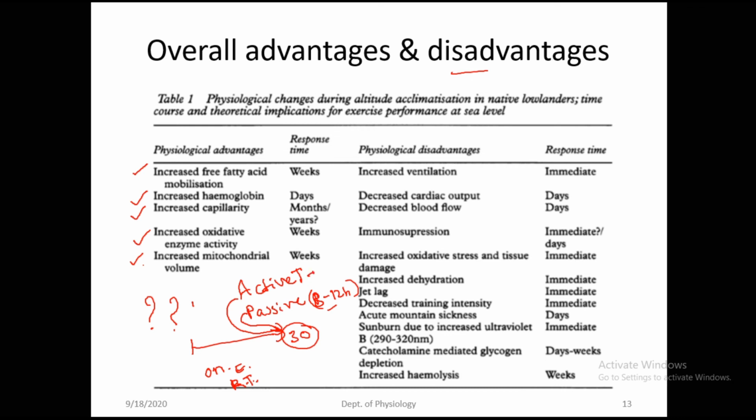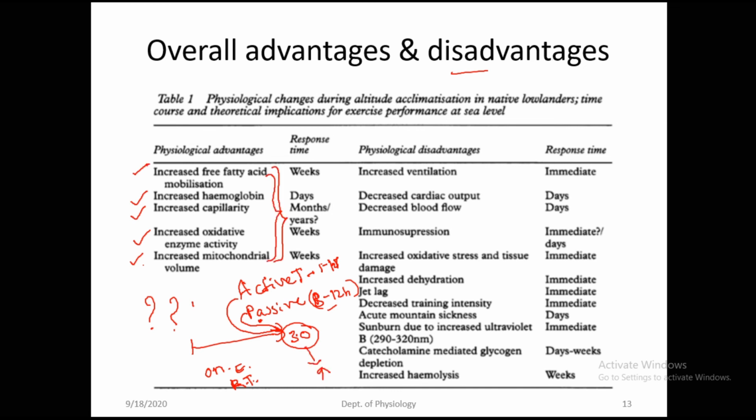And the second one is active training, 1 to 1.5 hours of regular training per day for 30 days. Active means regular training inside the chamber. Passive means regular exposure without training in the chamber. Up to 30 days we can see improvement of performance.